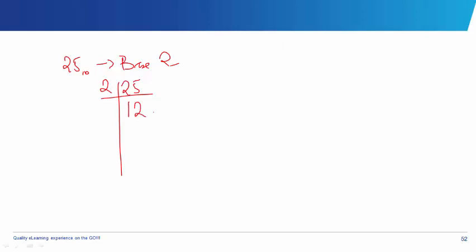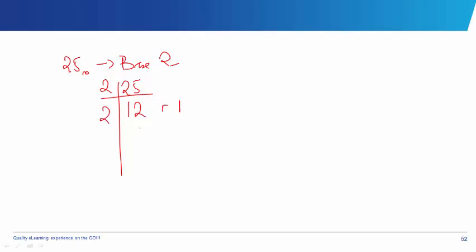The first example says convert 25 to base 2. When you just say a number like this, 25, it automatically means that it's base 10. So what we're going to do is, like we're solving our LCM, we'll divide by 2 and write the remainder. 25 divided by 2 will give us 12, remainder 1.